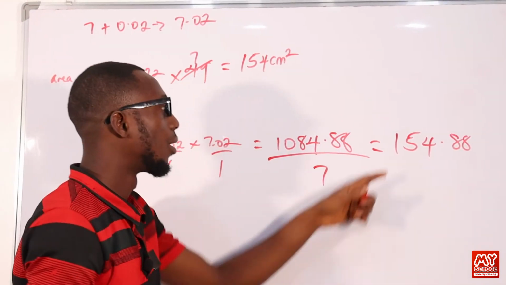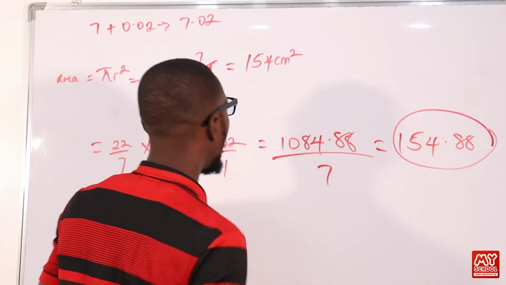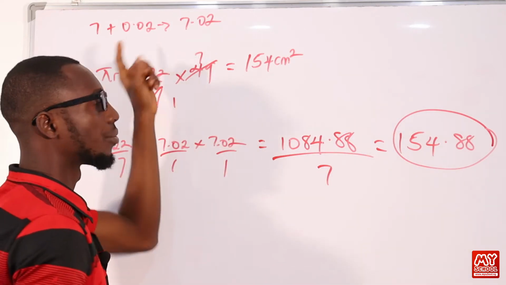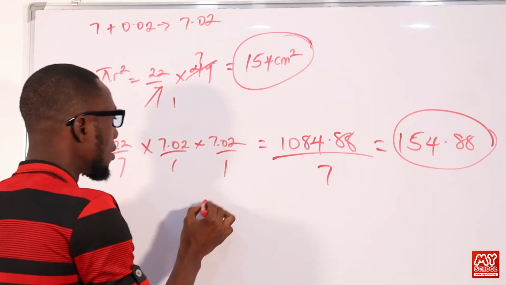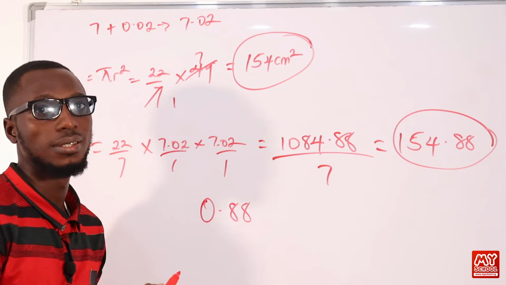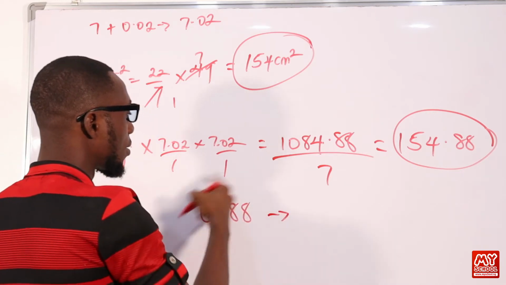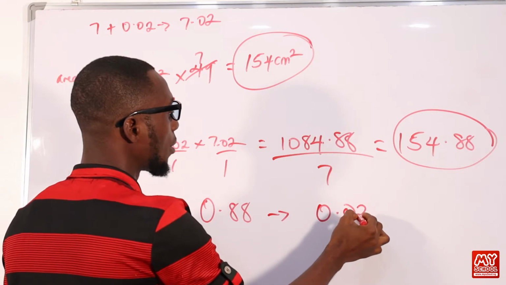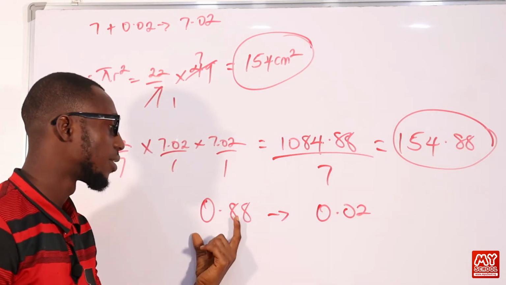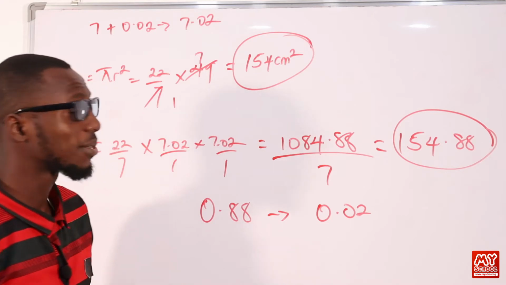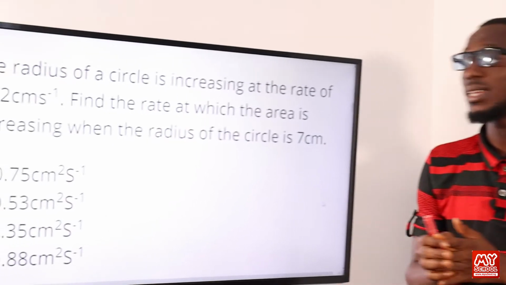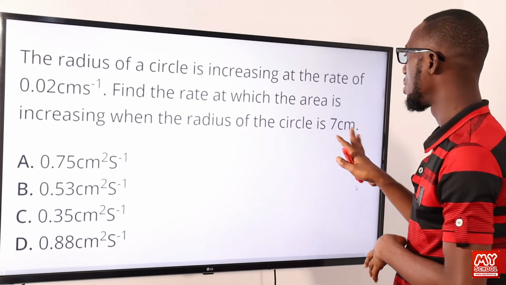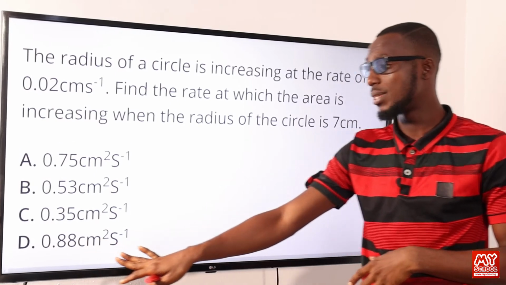All right, so this is the new area when we have 0.02 increase on the radius. Okay, so what's the difference between this 154 and this? The difference is 0.88. So we can see that when there is 0.02 increase on the radius, we have 0.88 increase. So let's go back to the question and see if we can find 0.88. Find the rate at which the area is increasing when the radius of the circle is 7 centimeters. So that is definitely 0.88. So option D is the correct option.